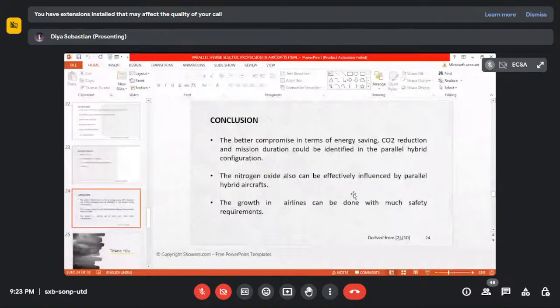Use the opportunities behind this parallel hybrid aircraft industry, as there are many more design aspects like the wingtips, and the connection in the case of parallel or series. Many more opportunities are waiting for us. So I think this class is for us, and thank you.